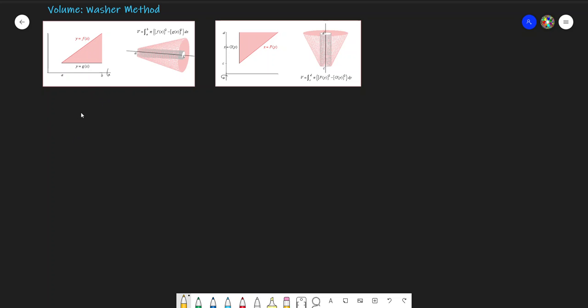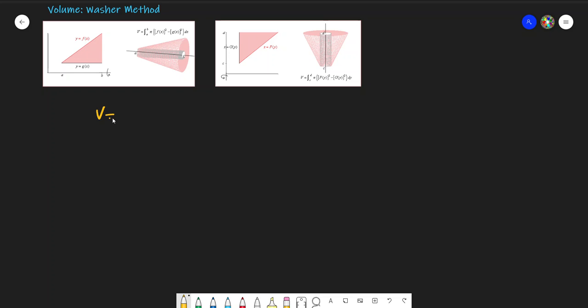So it becomes kind of clear that if you were to look at the kth washer, it's still going to be roughly the exact same thing as using the disk method.